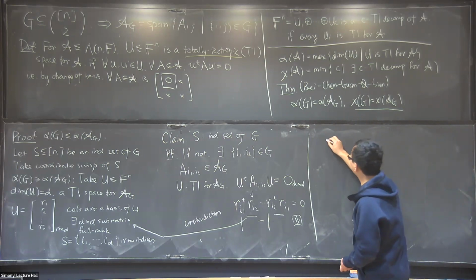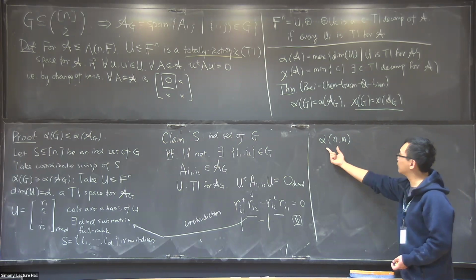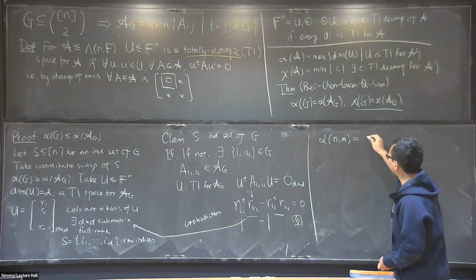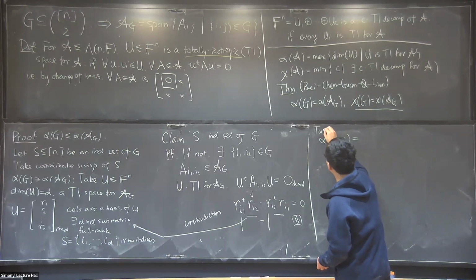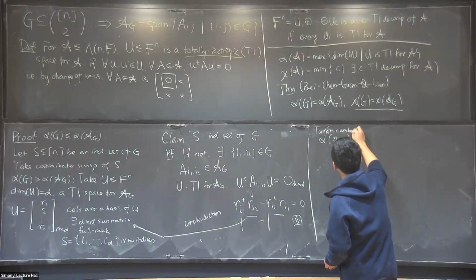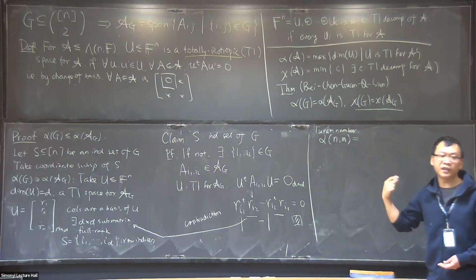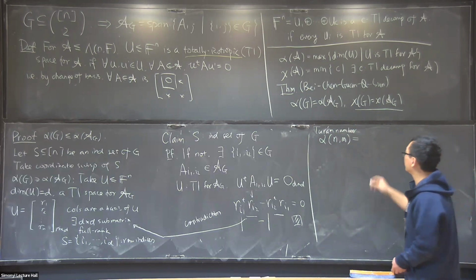So here comes a very natural classical topic from extremal graph theory: Turan's number. This is basically Turan's classical result, but put in the independent sets regime.